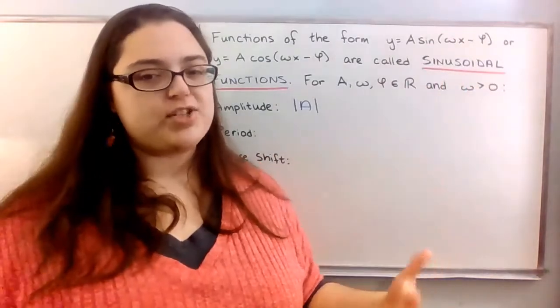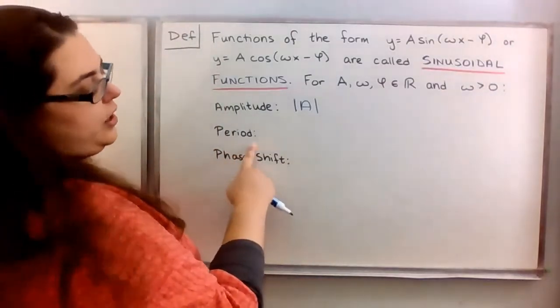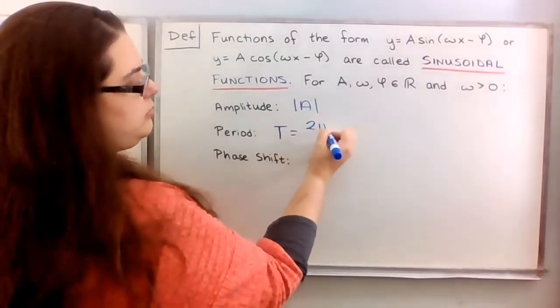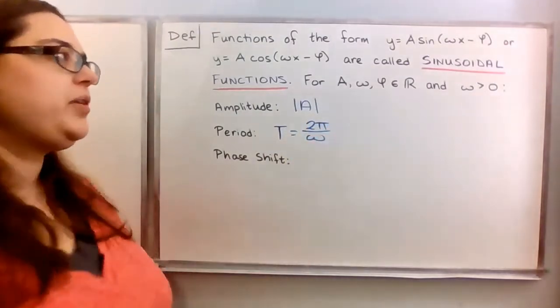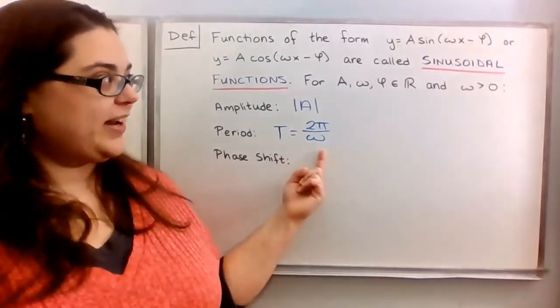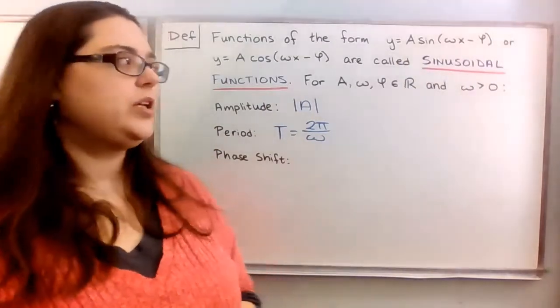That's the transformation that happens inside the function. To account for that, I'm going to take my usual period, which is 2 pi, and divide it by omega to get the period of the transformed function. Dividing by omega accounts for that stretch or shrink.